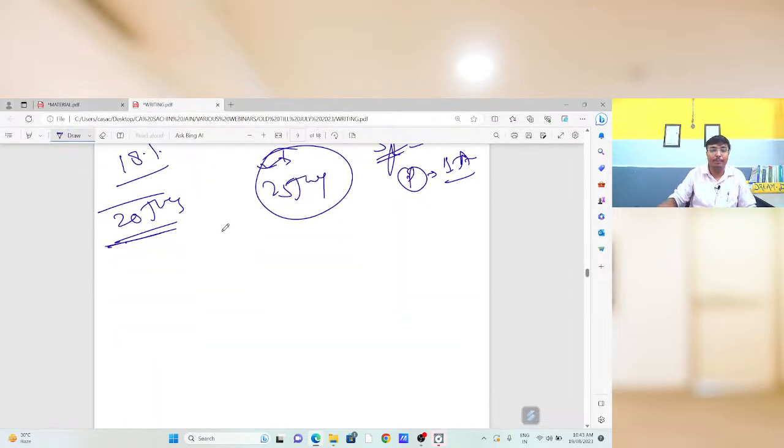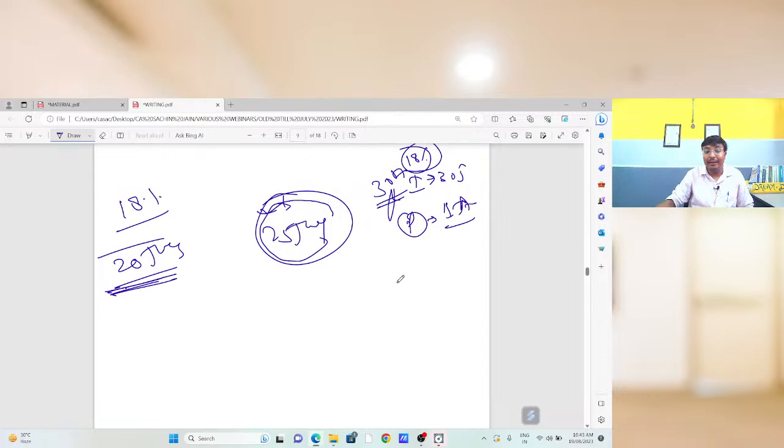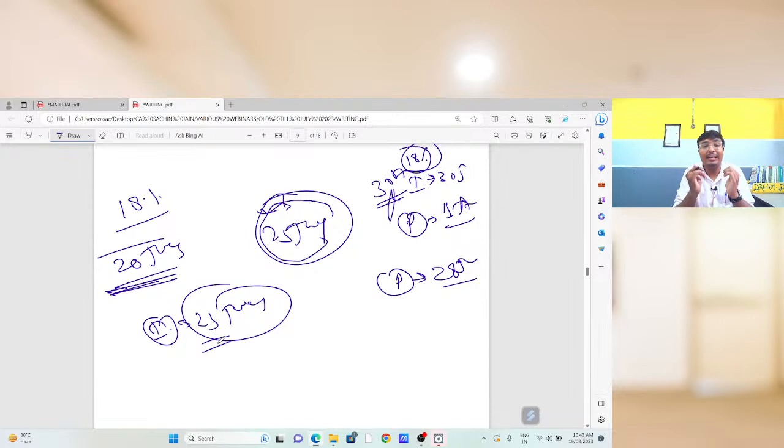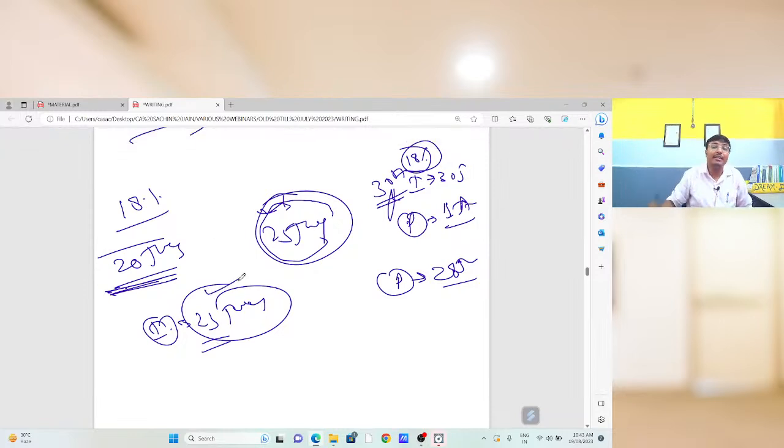That means suppose 20th July I had made the supply, on 25th July the rate changed, and the payment date is 28th July, but the invoice date is 23rd July. In that case, the date of invoice, that is 23rd July, will be treated as the time of supply, and GST will be charged at the rate of 18%. That is the concept.